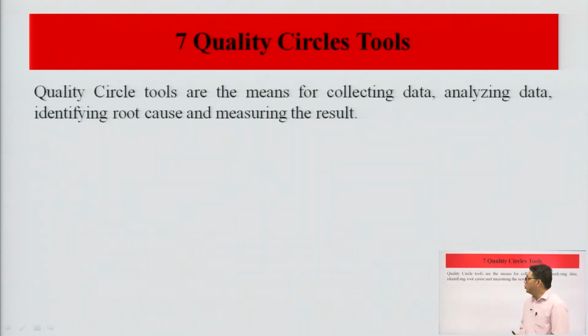Quality circle tools are the means for collecting data, analyzing the data, identifying root causes and measuring the result. Quality circles are basically based on data, and we collect certain data. Based on the analysis of that data, we decide where the organization has certain defects, and what problems are likely to occur which might become reasons for poor quality inside the organization.